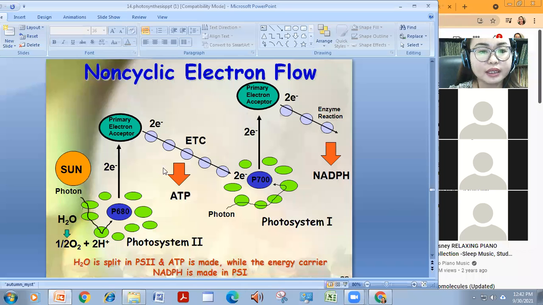Okay, now in the non-cyclic electron flow, this is what happens. If you notice, photosystem 2 comes before photosystem 1 in the whole flow, because the scientists discovered photosystem 2 first before photosystem 1.